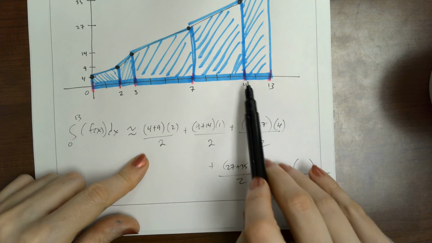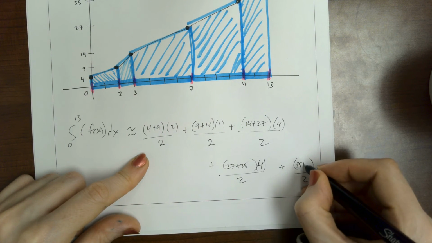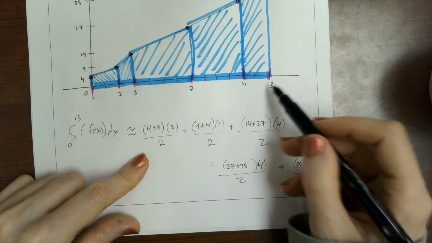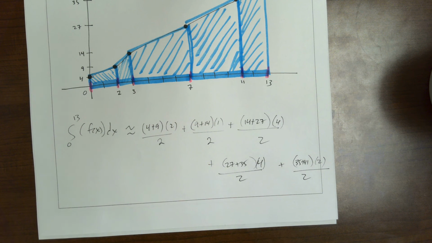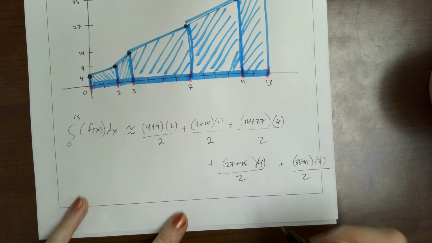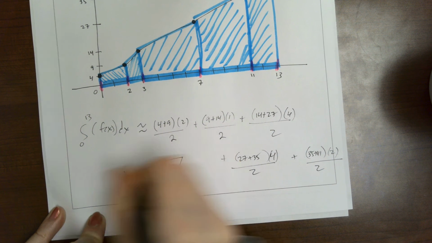And then this last one, 35 and 41. And then the height is 2. Okay, and you plug all that into your calculator, and you could do the calculations differently than me as long as you're confident. And when you plug it in your calculator, you get 306.5. Okay, 306.5.